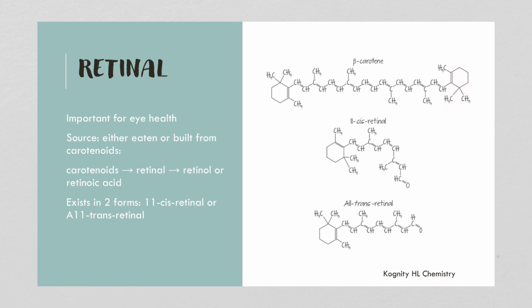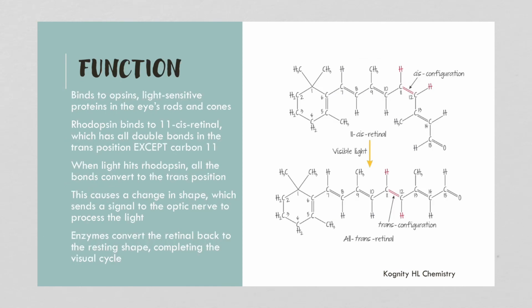It can be converted to retinol, which then is converted to retinoic acid. And retinol exists in 2 different forms, the cis configuration, which has the bend, or the trans retinol. And it actually undergoes the cis to trans configuration to help us see things. So we're going to talk about that next.